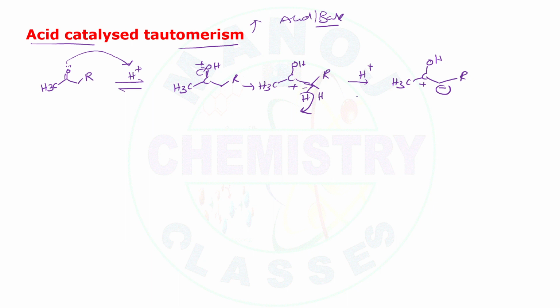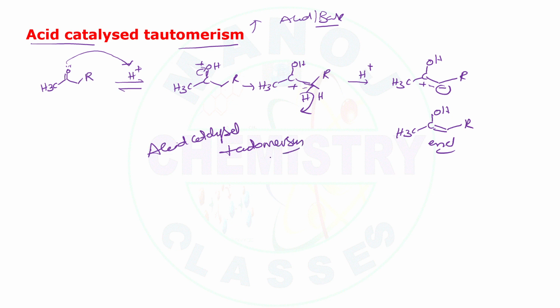Why? Because if you use any catalyst, that should be removed out. The catalyst doesn't get involved in the chemical reaction. That's why these two form a bond, to form an enol, CH3 C OH double bond R. So this is an enol. So this is the acid catalyzed tautomerism.